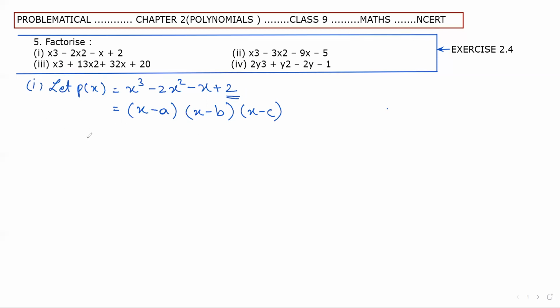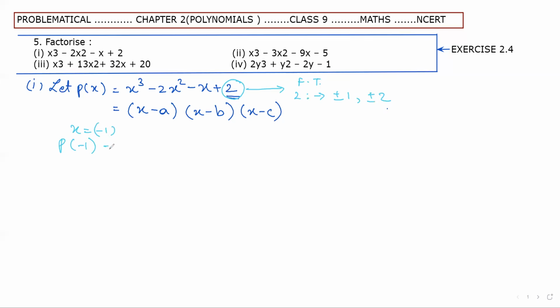So the factors of 2 would be, by using factor theorem, plus minus 1, plus minus 2. Let's try and place any of these values. Let's see minus 1. So then x is equals to minus 1. Your p of minus 1, we've taken it randomly.